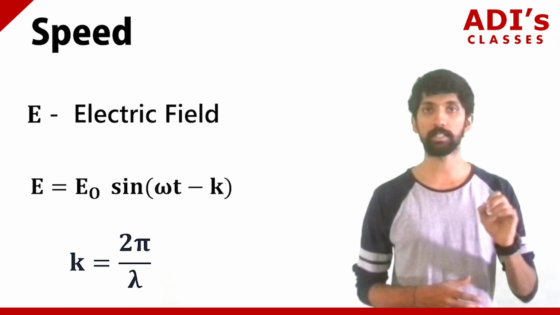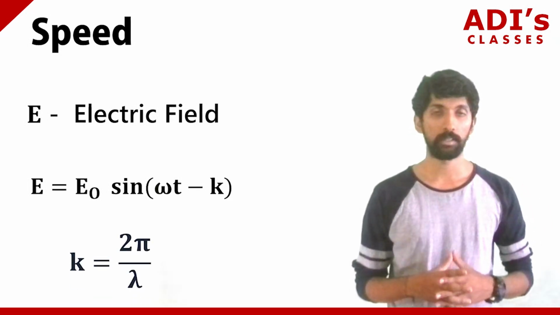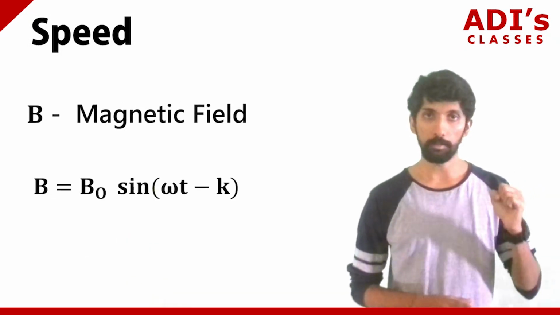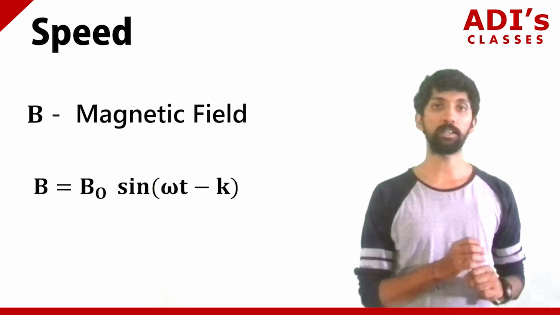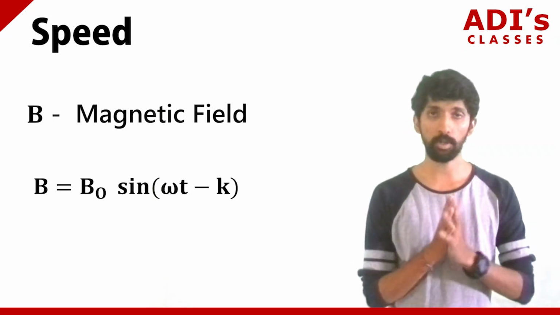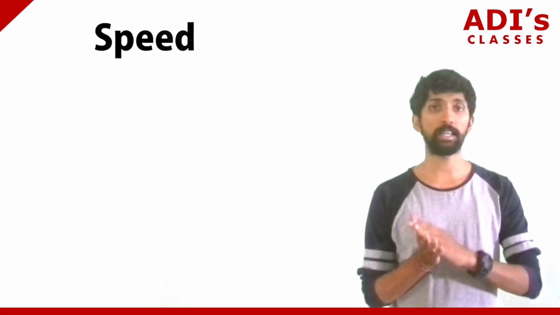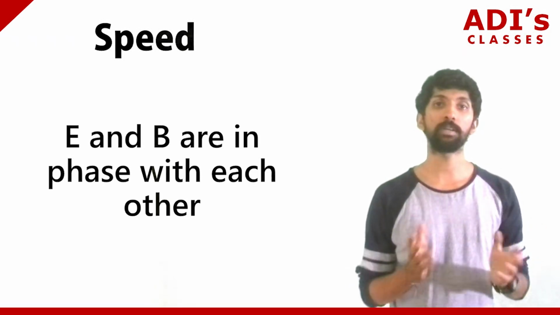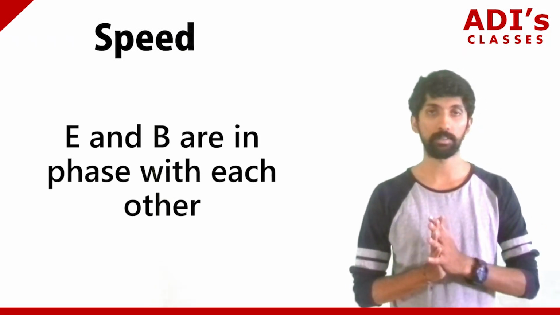The k value is basically 2 pi by lambda, and we have the magnetic field B, which is also equal to B naught sine of omega t minus k. So E and B are in phase with each other, and they will be moving perpendicular to each other.